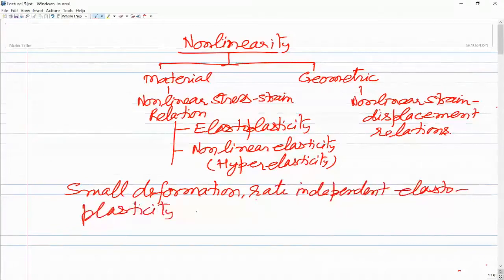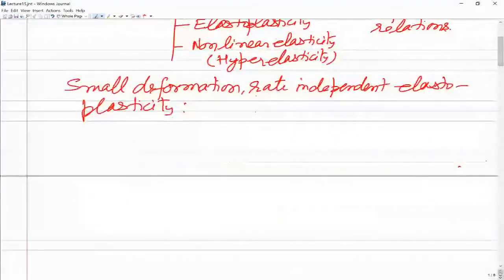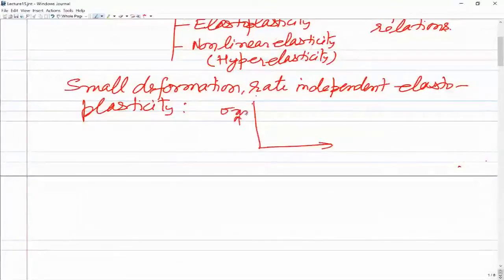Now, as you would have learned, if you look at the uniaxial stress strain curve, with sigma xx on one axis and epsilon xx on the other, typically you will have the initial linear elastic region and then the elastoplastic region.